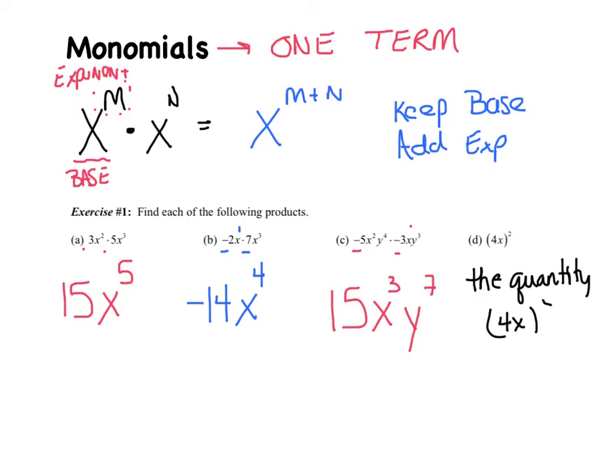First, you can take it as squared, meaning you have two of them, and you could really say it's 4x times 4x. So my coefficients, my 4 times 4 would get me 16, and my x times x would get me x squared. Another thing you could say to yourself is basically I have to square everybody in there. So 4 squared is 16, and x squared is x squared. So two ways to think about it.